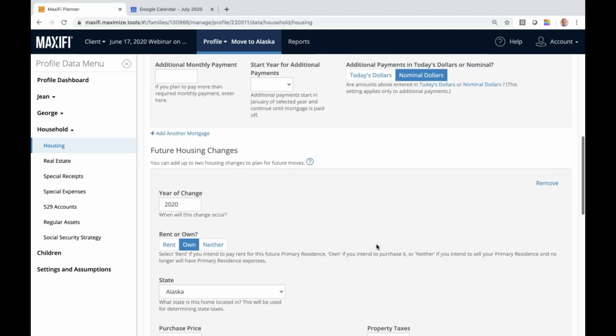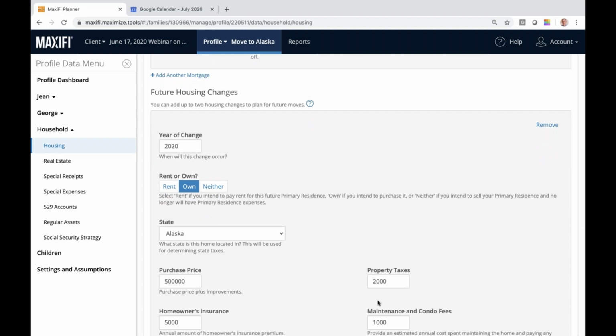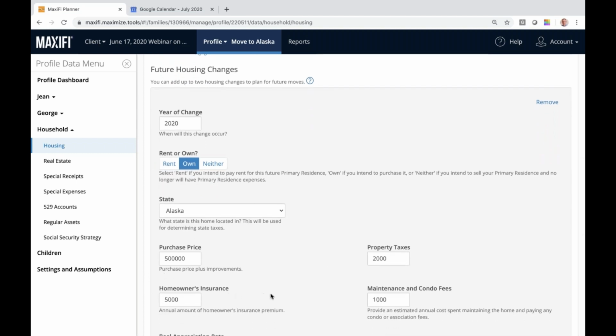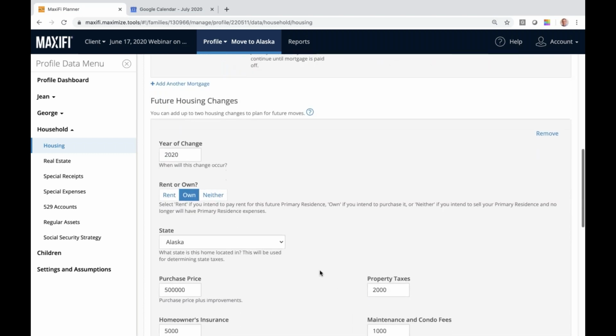And now you can run the program, and you can compare with the base plan or with any of the other plans that you've set up. And so you can see that the program is taking into account the property taxes that might be special in Alaska, the homeowner's insurance that might be special, maintenance, but also because you specified that you're going to be in Alaska, the program knows when it runs that you're going to be paying Alaskan income taxes, though I forget whether Alaska has income taxes.